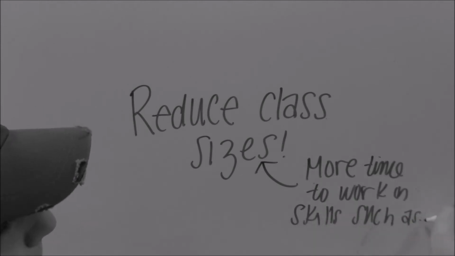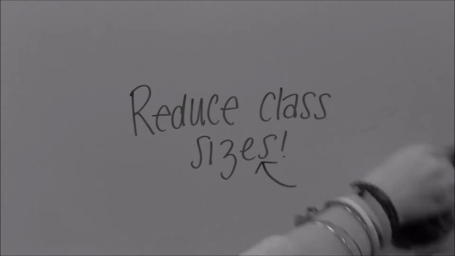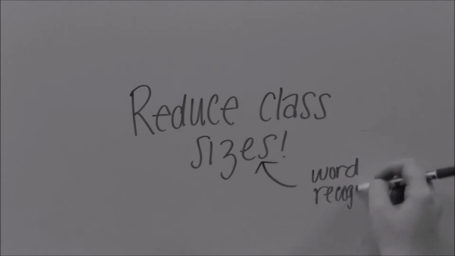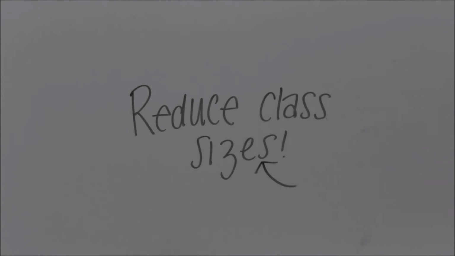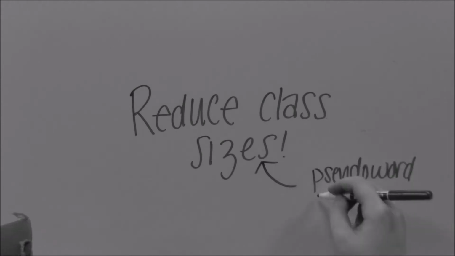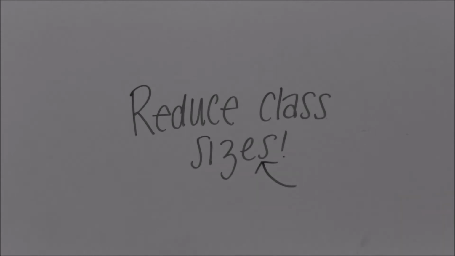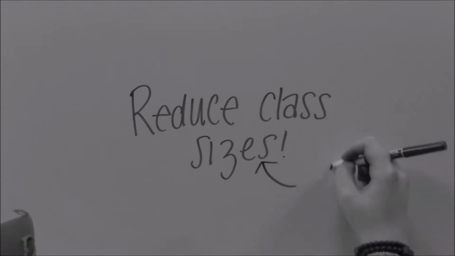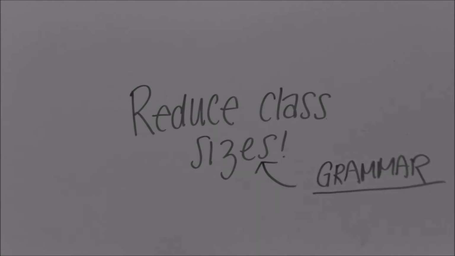And these skills can range from word recognition, spelling. You can help students work on pseudo word recognition, reading if they're having trouble with that, especially in the younger years, writing skills, especially in high school, and of course, grammar.